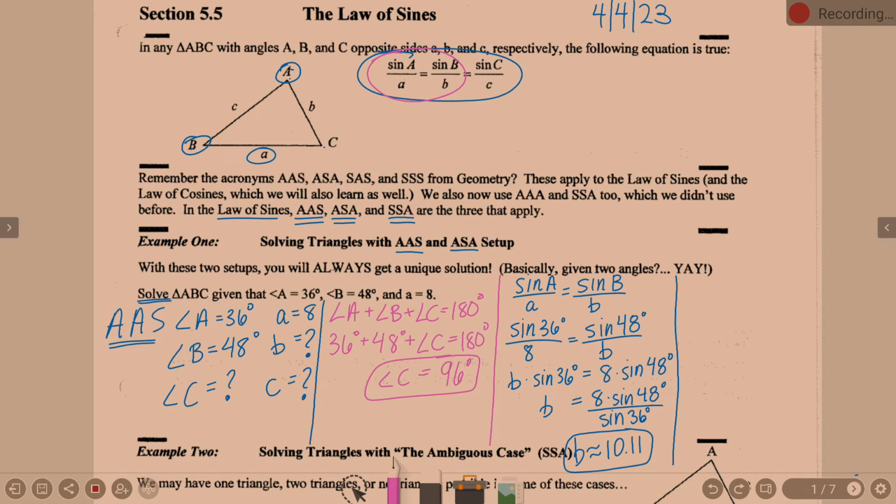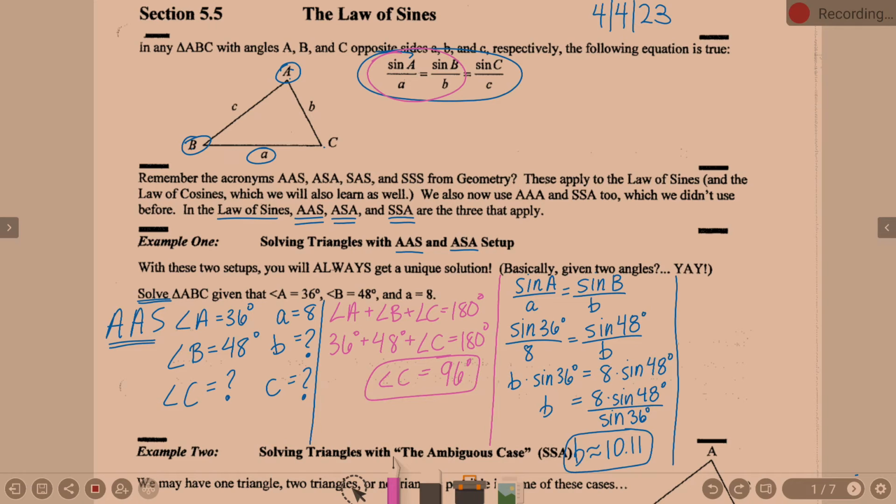So here's what I'm going to say on this. When we go to find C, obviously we're going to have to use angle C, and then we either have to use the pair of A's or the pair of B's. My recommendation is that we use the pair of A's, because the 10.11 was a rounded answer. That's not a precise answer. I'm not saying that it would steer you wrong, but it could send your decimal off just a slight bit.